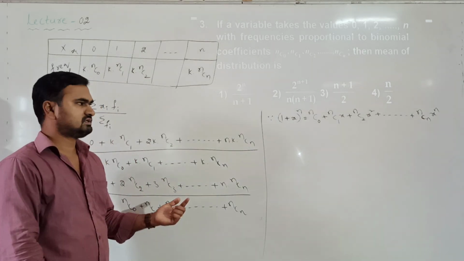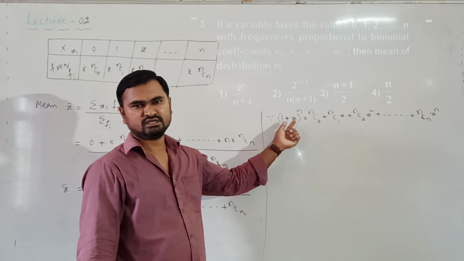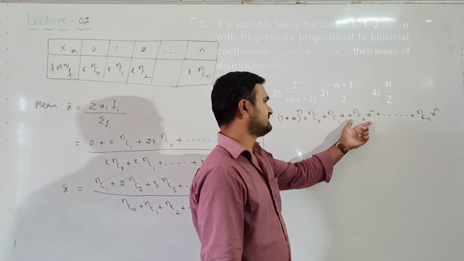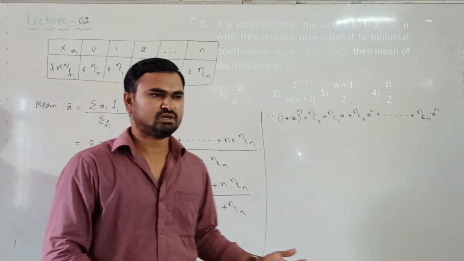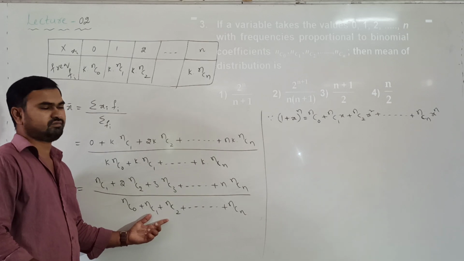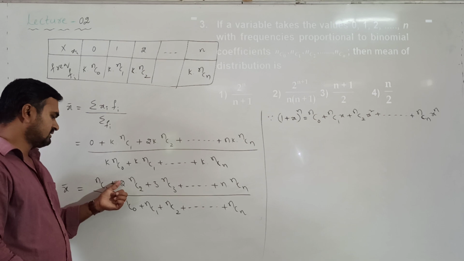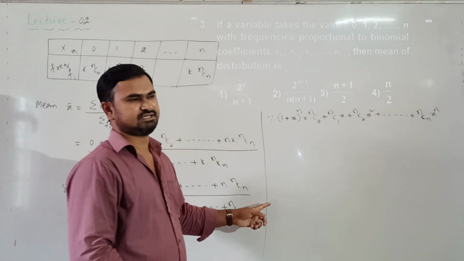If I take x equal to 1 in this, as we have already seen in the binomial theorem, we get 2 power n equal to nC0 plus nC1 plus nC2 up to nCn. That is the sum of binomial coefficients, so the denominator we know is 2 power n. But we want to get 1 into nC1, 2 into nC2, 3 into nC3 up to n into nCn.